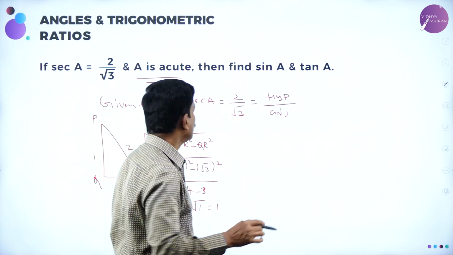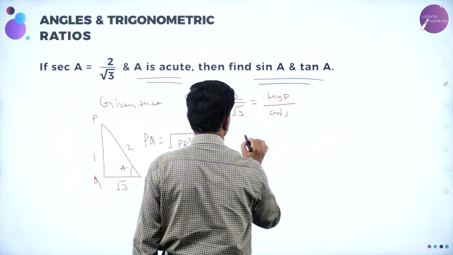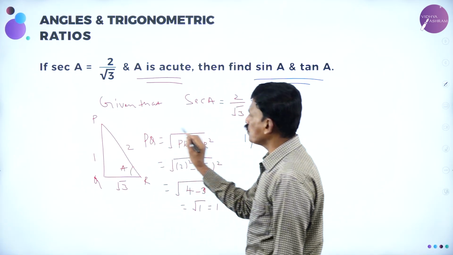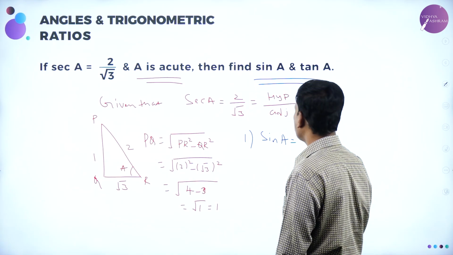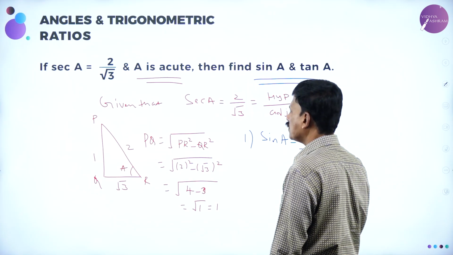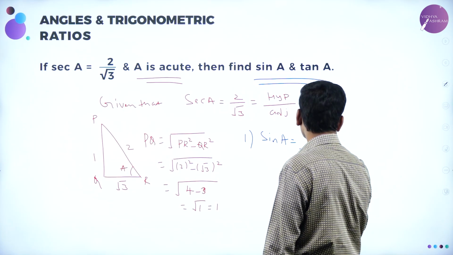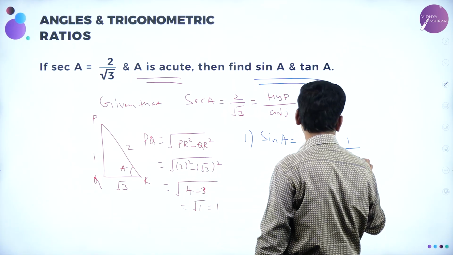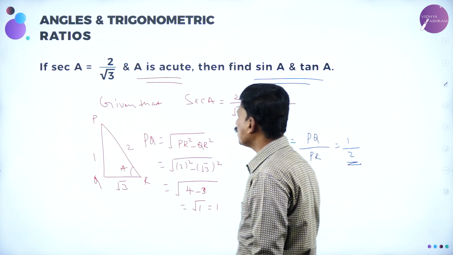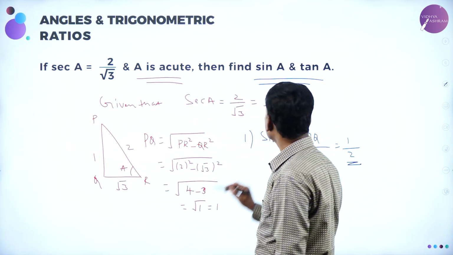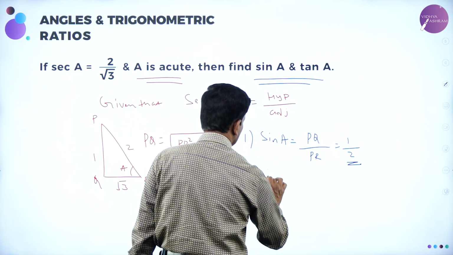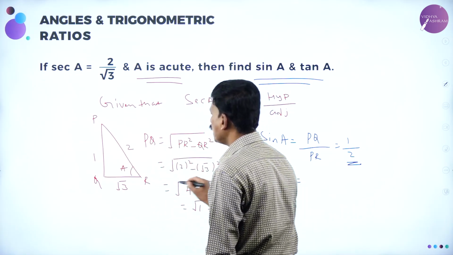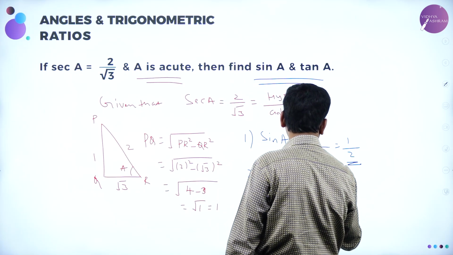So what is required to find is sin A and tan A. Sin of A, what is sin A? Sin A is equal to opposite by hypotenuse. What is opposite? PQ divided by PR. What is PQ? 1. What is PR? PR is equal to 2. Sin A is equal to 1 by 2. Opposite by hypotenuse. The second one, tan A. What is tan A? Tan A is equal to opposite by adjacent. Opposite is PQ.